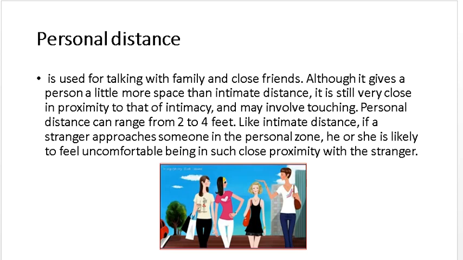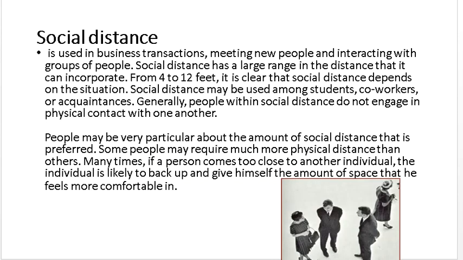Then there is the third one, social distance, which is usually used in business transactions and business meetings. Here we have a bit more distance, that is 4 to 12 feet. In the social distance, if a stranger comes, it is not as uncomfortable as in personal and intimate space. Socially we can discuss with many other people, so there are many social places, and in any social place we behave accordingly. And there are the norms of social spaces.